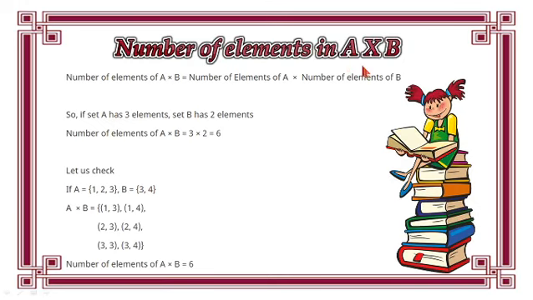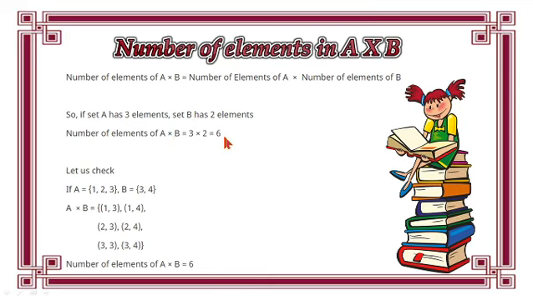Now number of elements in A cross B. Number of elements of A cross B is equal to number of elements of set A multiplied with number of elements of set B. So if set A has 3 elements and B has 2 elements like we have seen in the example, so the total number of elements in their Cartesian product will be the product of 3 and 2.